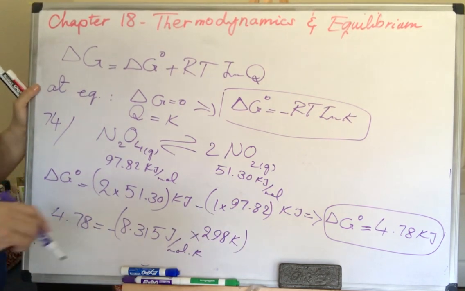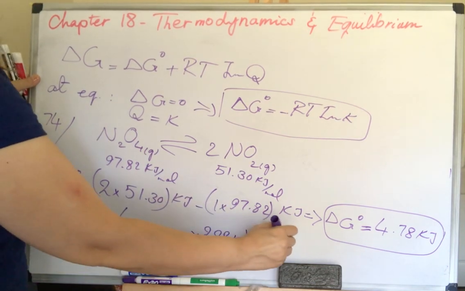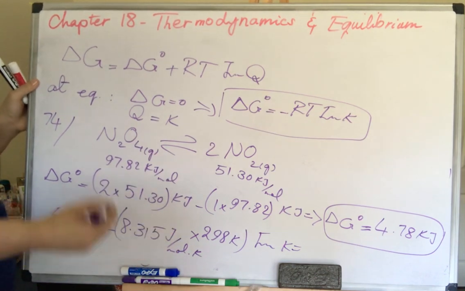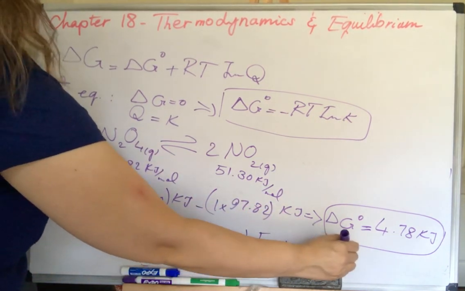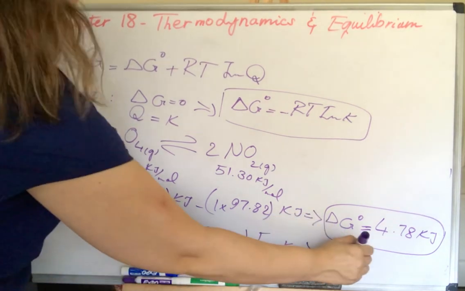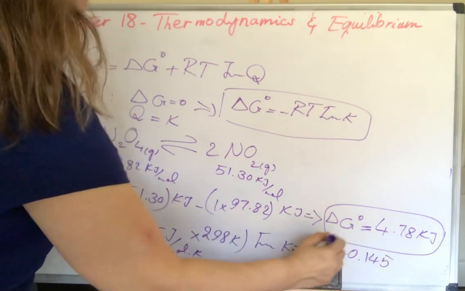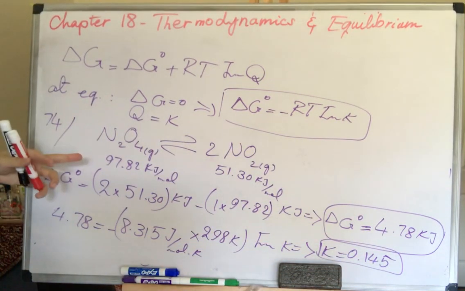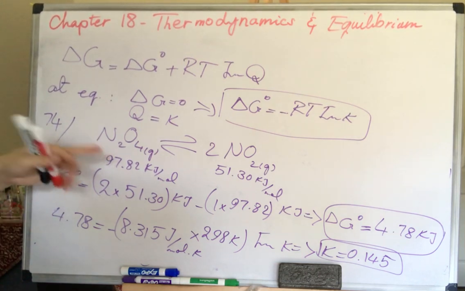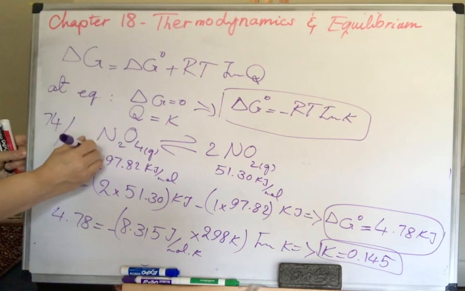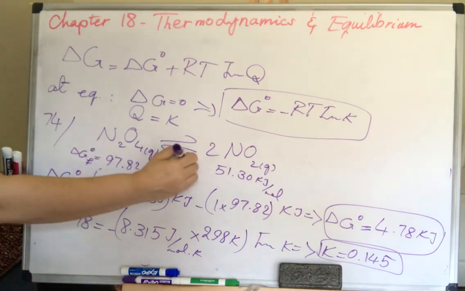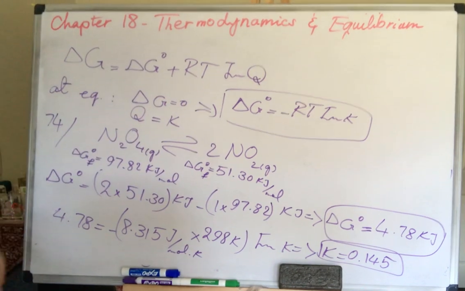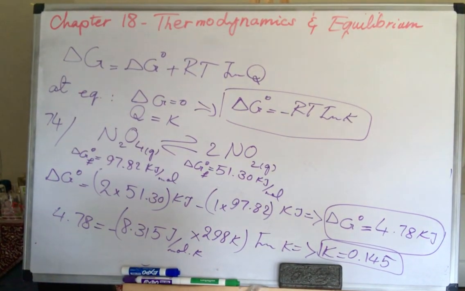And you have your unknown ln K. So you find ln K by dividing this side by this side, and then K is going to be 0.145. So if delta G standard is not given, you can calculate it from delta G standard of formations. But don't forget, these are delta G standard of formations. But if this delta G standard is already given, just plug it into the equation.